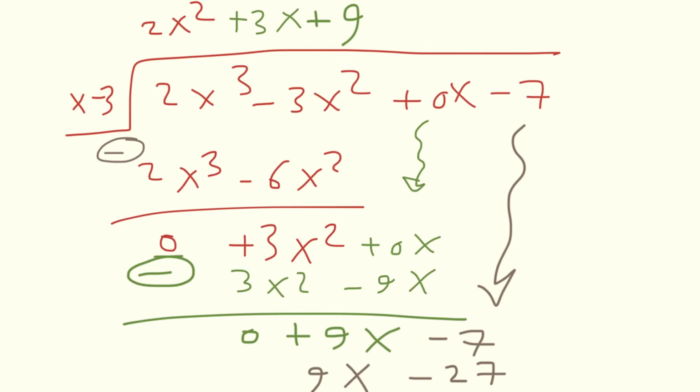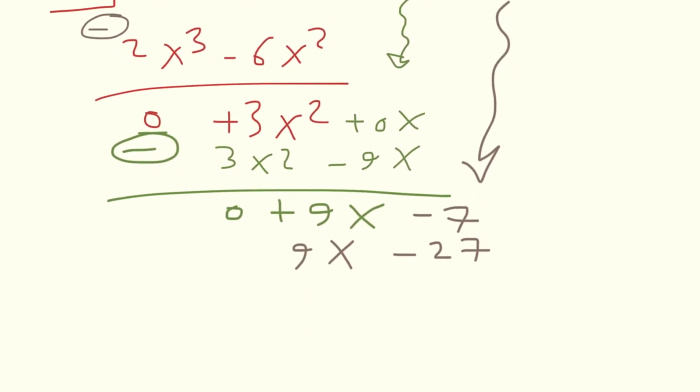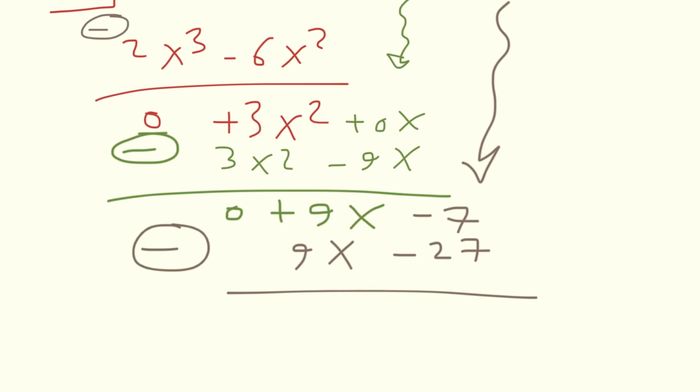And then again, you should subtract this. 9x minus 9x will be 0. However, minus 7 minus minus 27 is plus 27. So you have plus 27 and minus 7, which gives you plus 20.